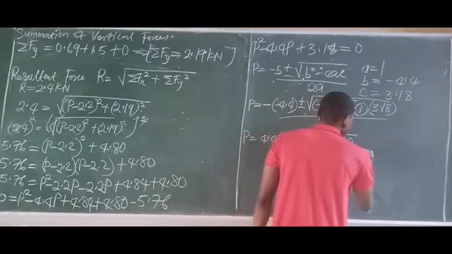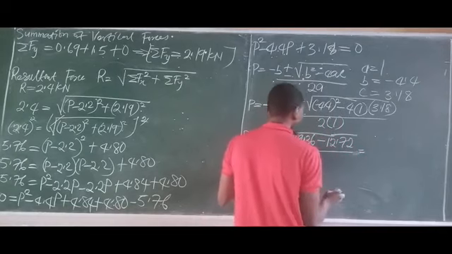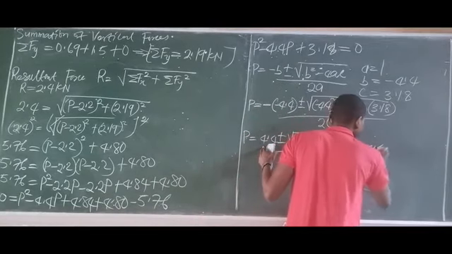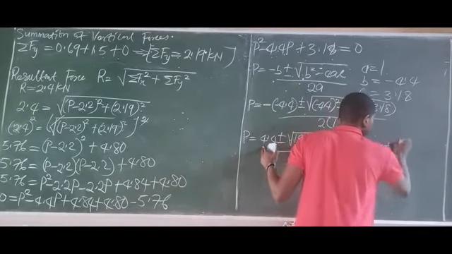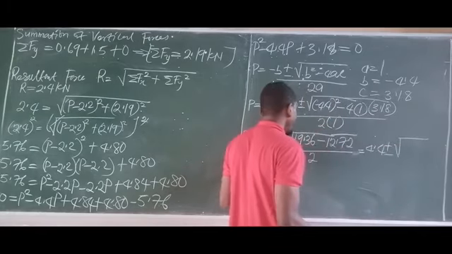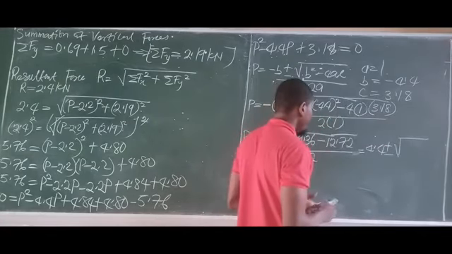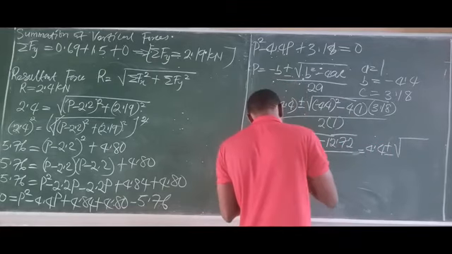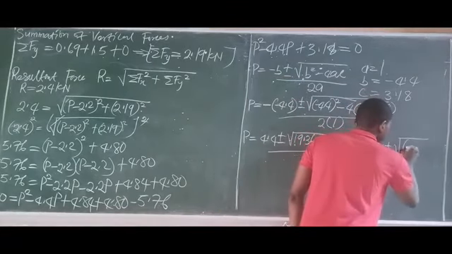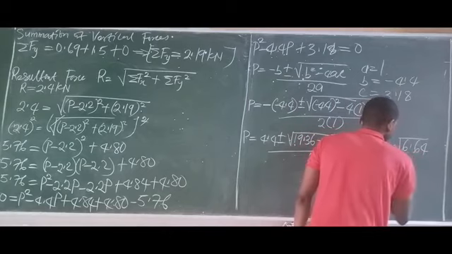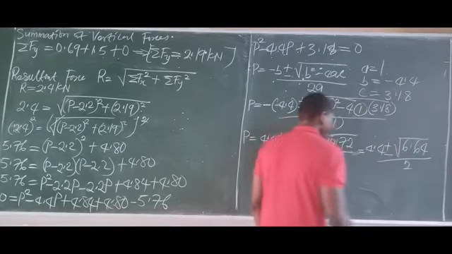So this is equal to 4.4 plus or minus the square root of 19.36 minus 12.72, which gives us 6.64, divided by 2.